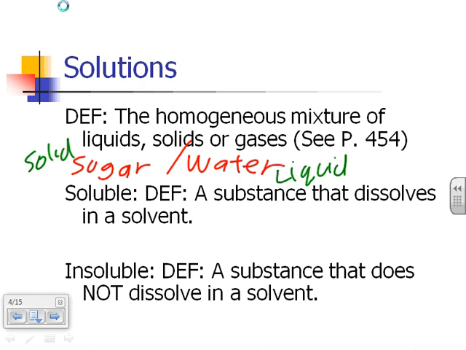Insoluble, a substance that does not dissolve in a solvent. We can look at sugar again and oil. If you mix sugar and oil, nothing will happen. It's just going to sit there, do nothing. It's not going to dissolve.